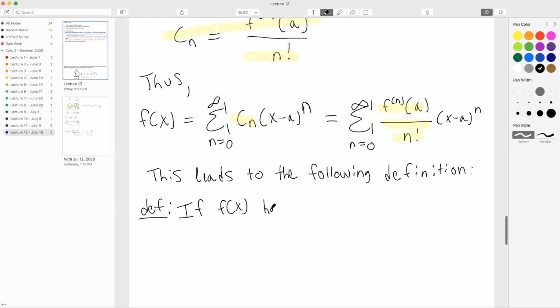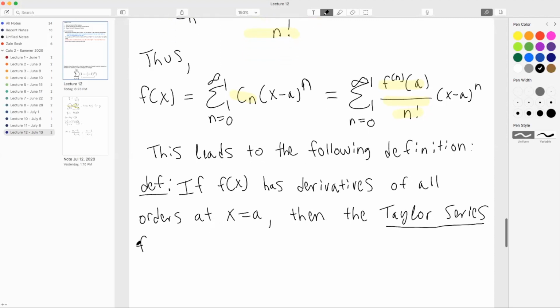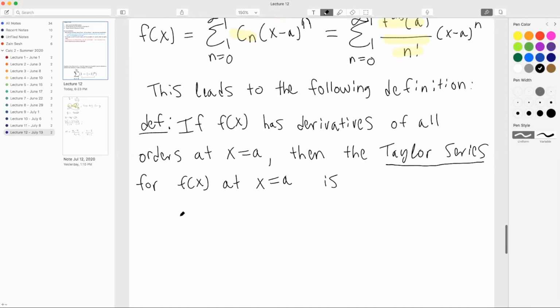If f of x has derivatives of all orders at x equals a, then the Taylor series. So that's what we're defining, so I'm going to underline it. Then the Taylor series for f of x at x equals a is just that series that I wrote above on the last equal sign.